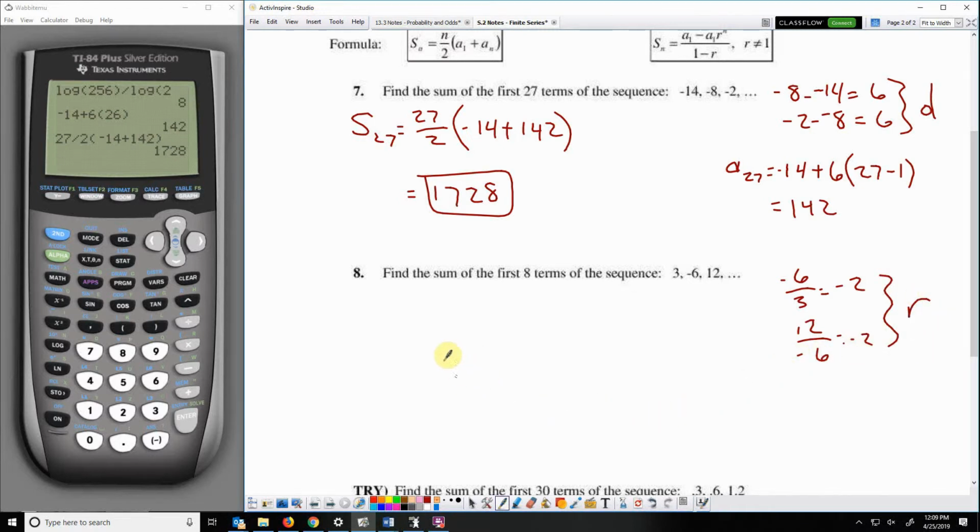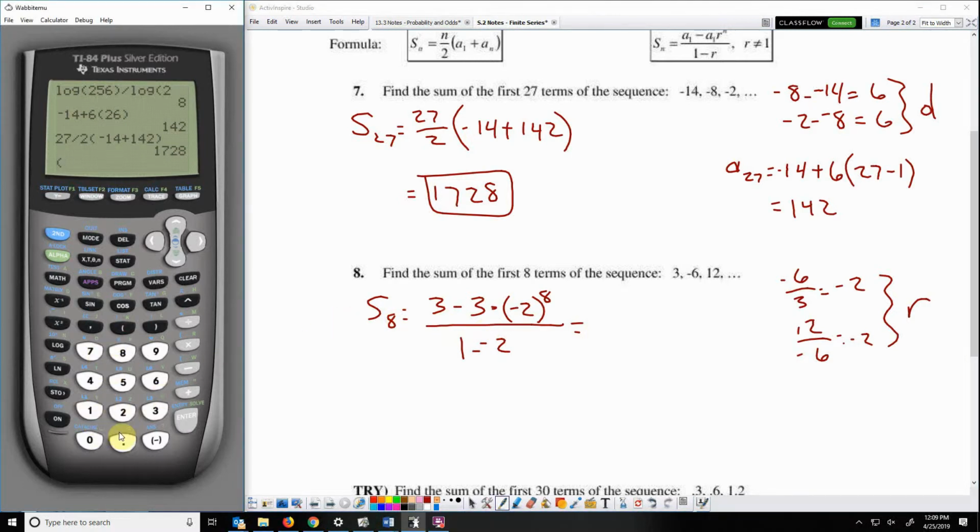Okay, so the formula for the first 8 terms, S sub 8, equals the first term minus the first term times r to the n power, so that's times negative 2 to the 8th power, over 1 minus r, 1 minus negative 2.